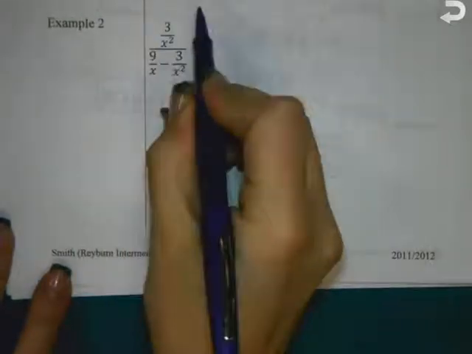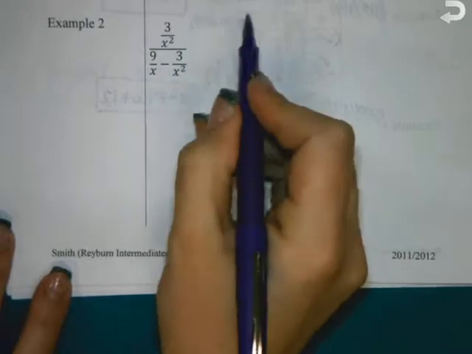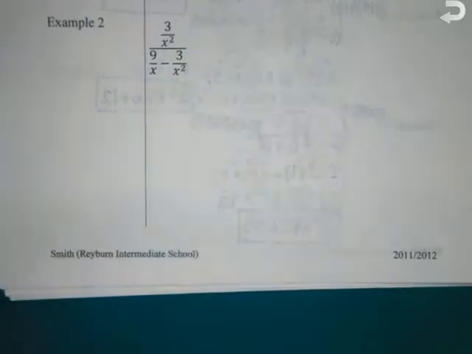It does not have to be 3x squared. What can they all go into? They can all just go into x squared, right? X squared goes into x squared, x goes into x squared, and x squared goes into x squared. So 3x squared can be a common denominator, but we want the lowest one, which is just x squared.